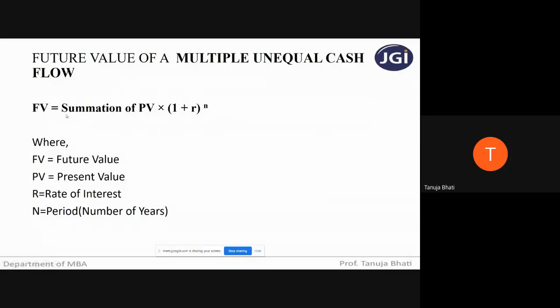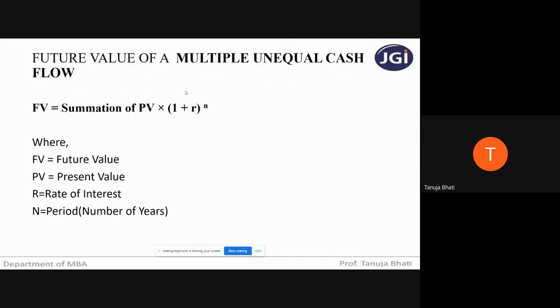So future value, in case of unequal multiple cash flows, is a summation. When I say summation, it means you have to add up: summation of PV (1 + r)^n. So in short, this is nothing but the single cash flow formula, but you take the sum of all the multiple unequal cash flows to get the future value.